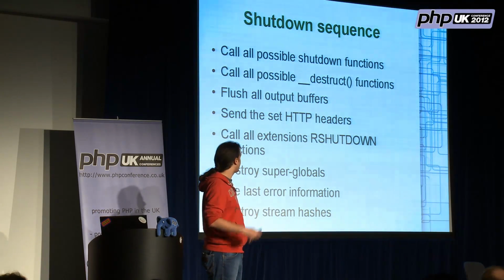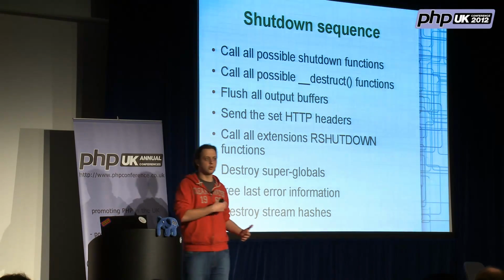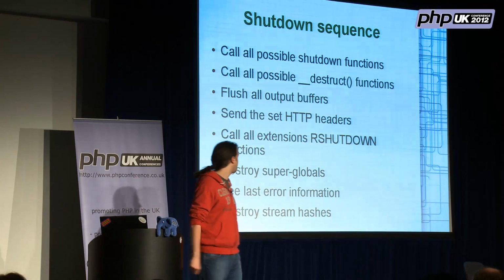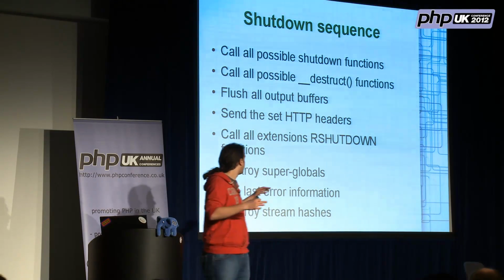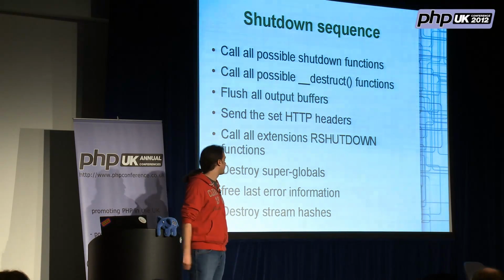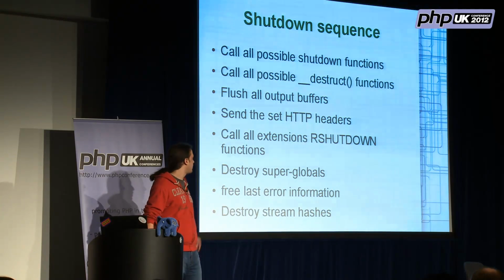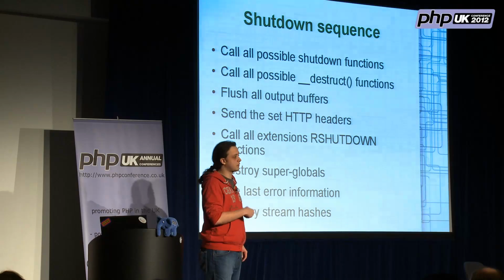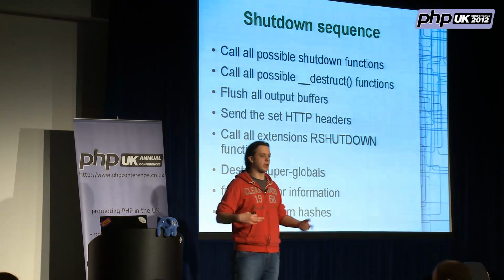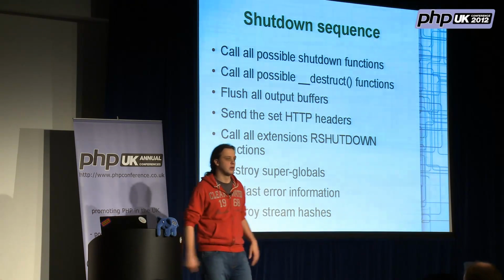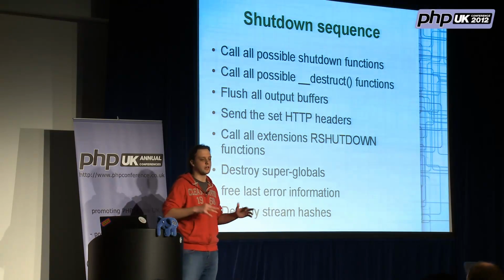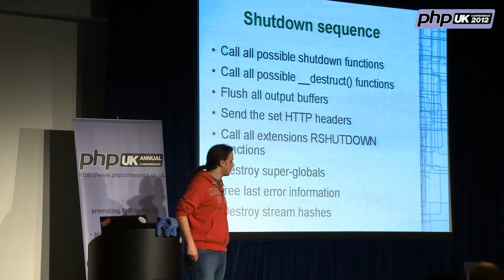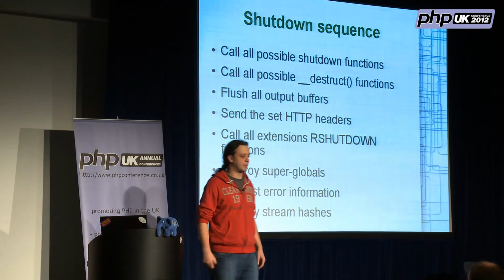So we call the shutdown functions, so you can do a register shutdown function and define a callback. Those will be executed first. Then we call all the destructors, flush output buffers, send HTTP headers, shut down the extensions. This triggers the session handling code, for instance, to finalize the session handling, destroy superglobals, and then delete everything which is remaining.